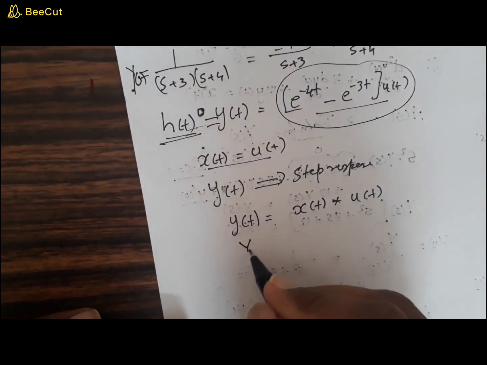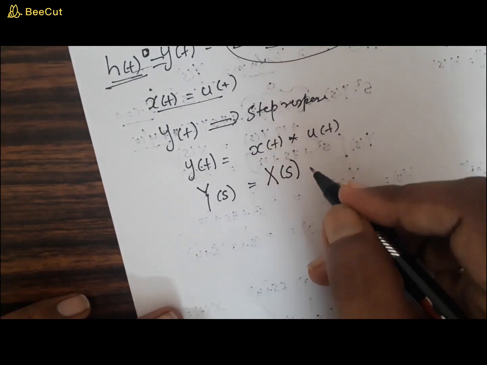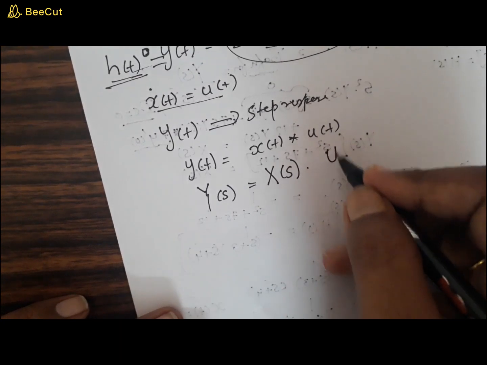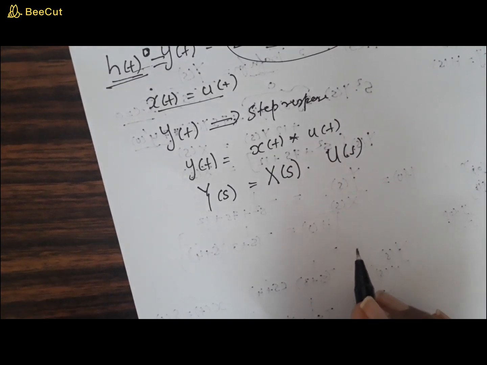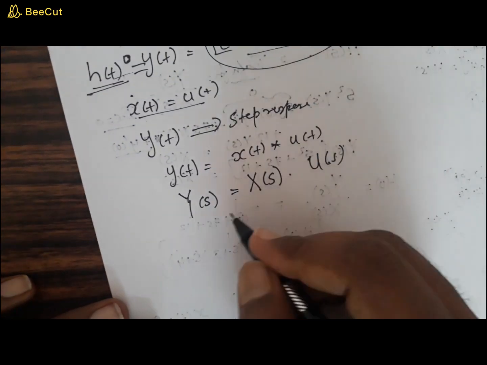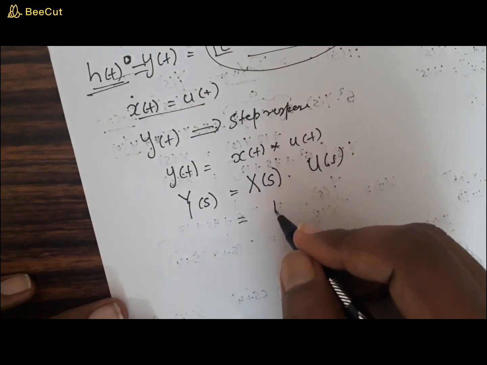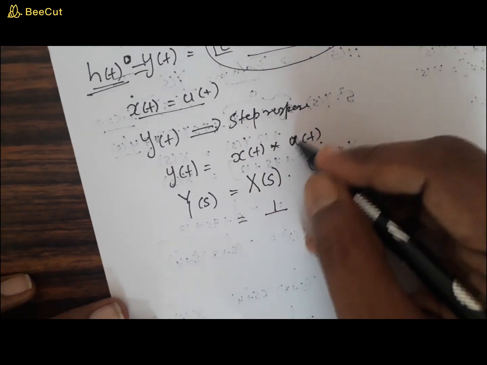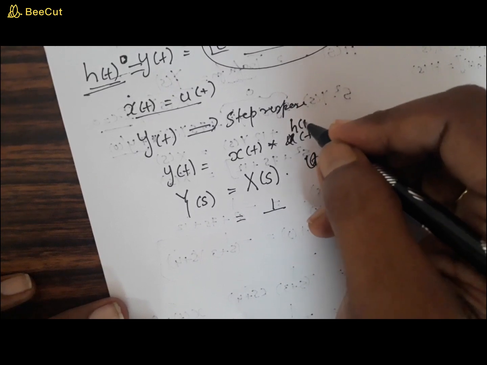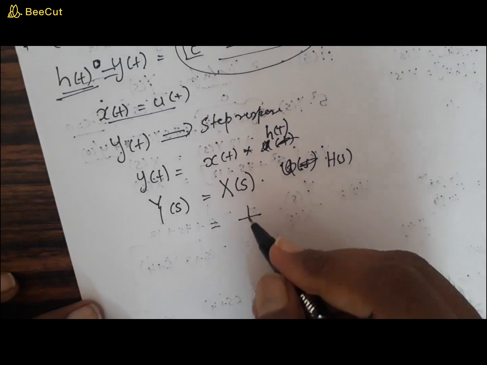But we know that from the convolution property, it is not required to do the convolution in time domain. Instead, you can convert it into frequency domain, so that instead of doing convolution, you just need to perform the multiplication operation. So what is your X of s? X of s is 1 by s, into H of s.